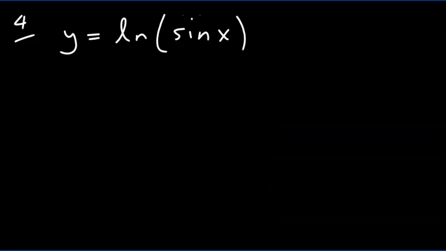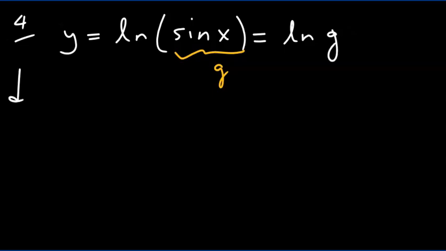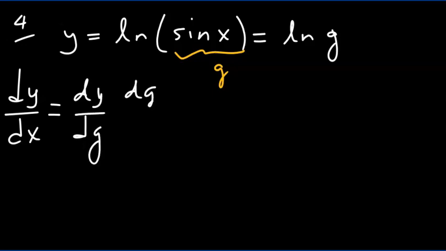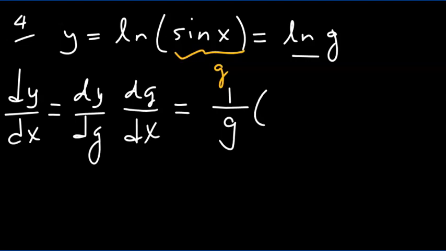What about this function? The same technique holds. Let's assume that sine x is g, so your y is natural log of g. So dy dx is dy dg times dg dx. dy dg is 1 over g. dg dx, that is, what is the result of differentiating sine x with respect to x?